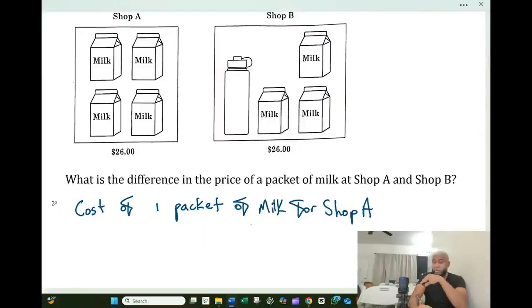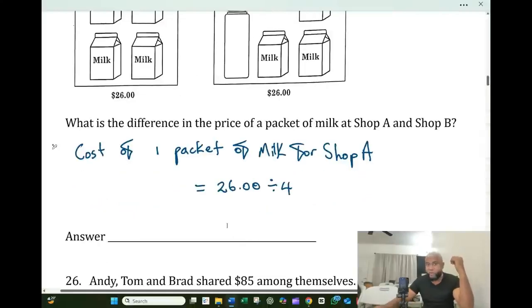Now, how do we do this? It is $26 for 4 packs. So if we want to find the cost of 1, it will be 26 divided by 4, and this will give us our answer. This will give us our cost for 1 packet.